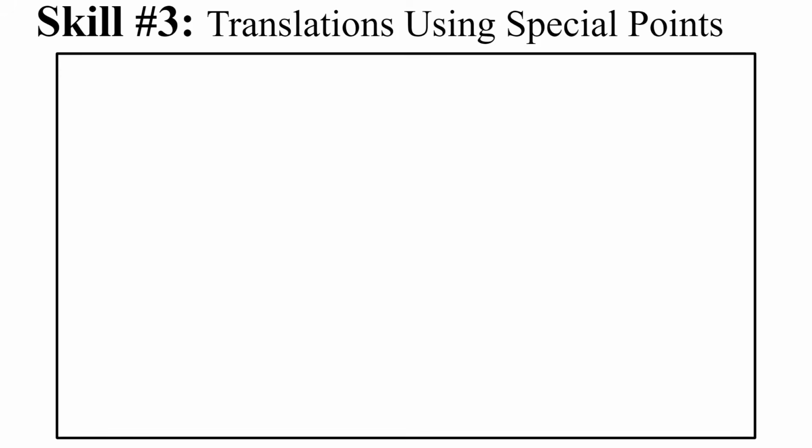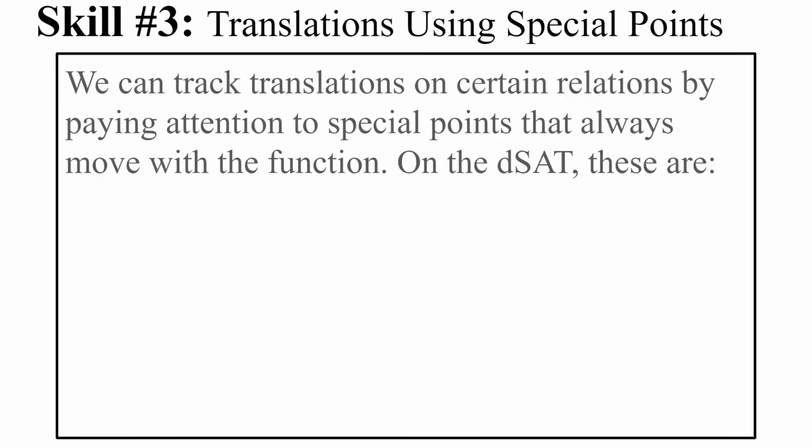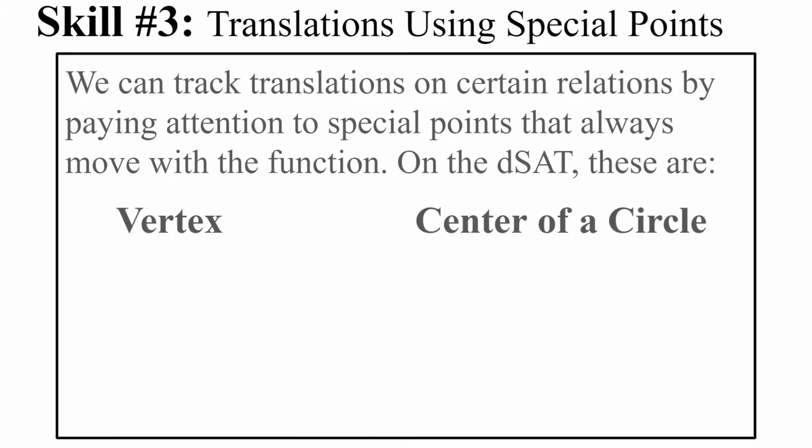Okay, skill number 3 is translations using special points. So we can track translations on certain relations by paying attention to special points that always move with the function. On the digital SAT, the ones you want to be concerned with are the vertex of a parabola and the center of a circle.